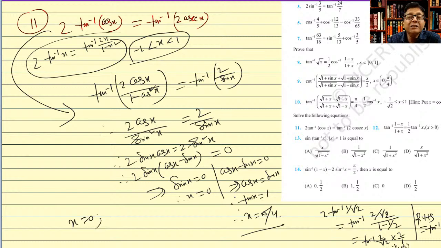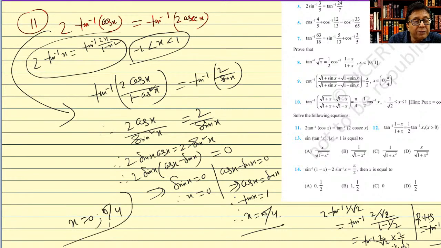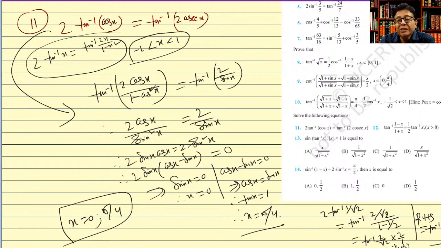And the RHS is also coming 2 into root 2. So they are the same. So x equal to 0 and pi by 4. Whenever in a trigonometric equation you get a solution, you need to check this.